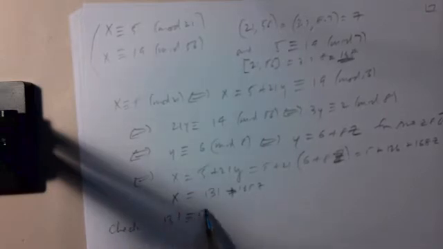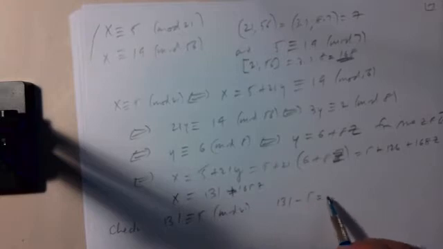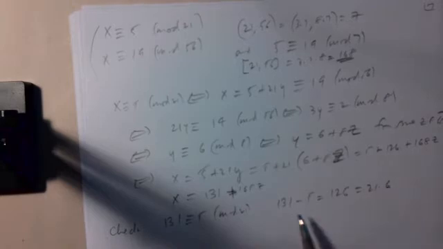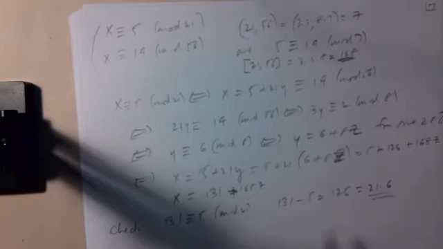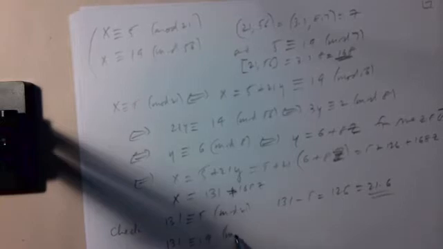Let's just check. 131 is congruent to 5 mod 21. 131 minus 5 is 126. That's exactly 21 times 6. So 131 minus 5 is divisible by 21. And 131 is congruent to 19 mod 56.